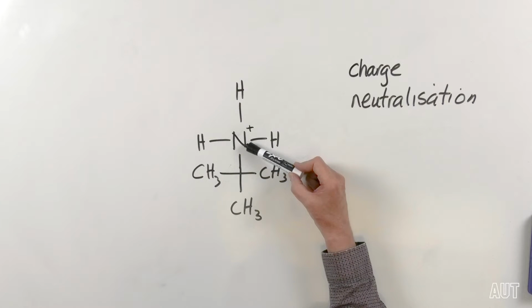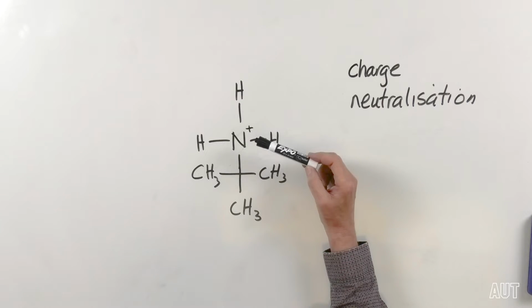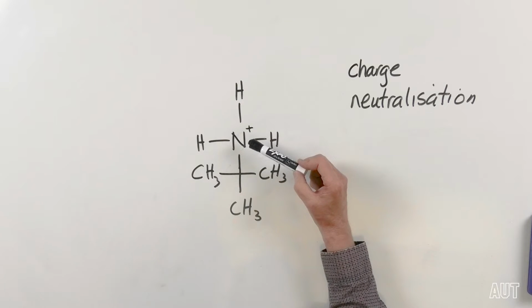Okay, so this nitrogen has a positive charge because it's got 4 bonds, okay? And so it's essentially given away one of its electrons to one of these hydrogens, okay?